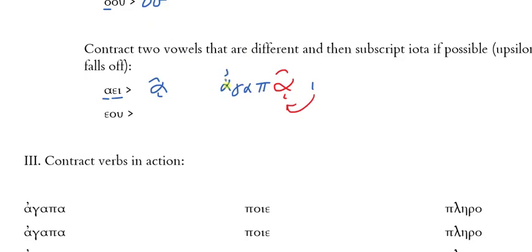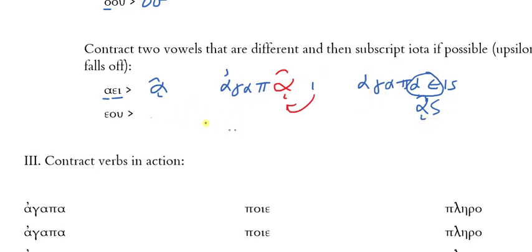So agapa is he loves. Okay? Now, you love, singular, is the same thing, except we'd have a sigma there, right? Agapa plus eis. This will become what? Long alpha. The iota will subscript, and the sigma will stay right where it is. So I'm going to get agapas with a circumflex. Okay? So you love.